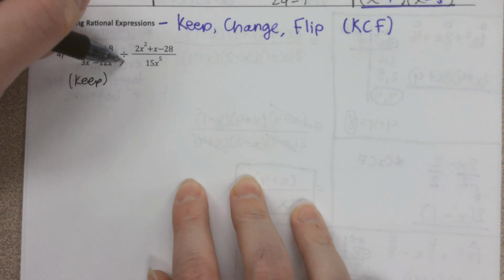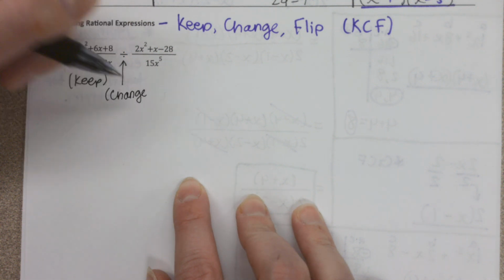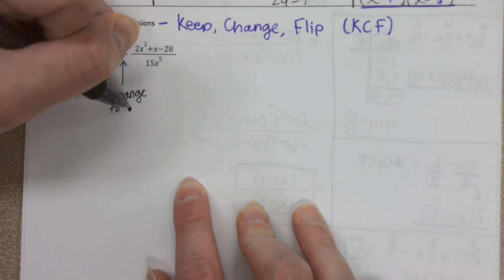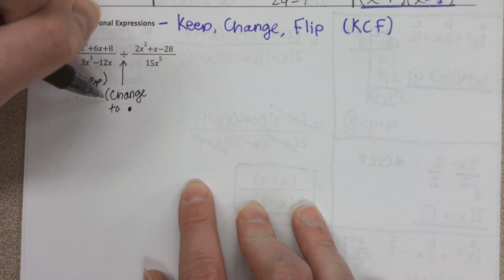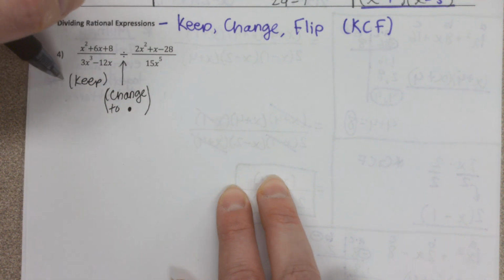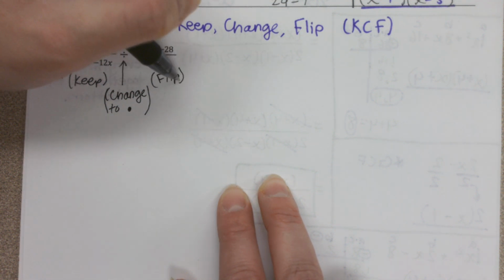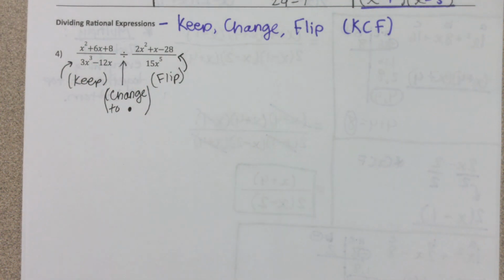The division, we change to, and I'll just put a times. So we change to multiplication. And then the last fraction, we flip, and I hope you understand what that means. Top becomes bottom, bottom becomes top. That's all it's asking for.